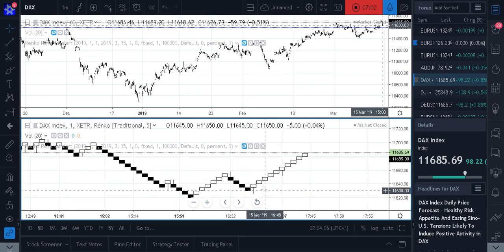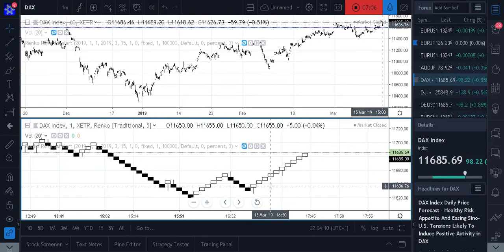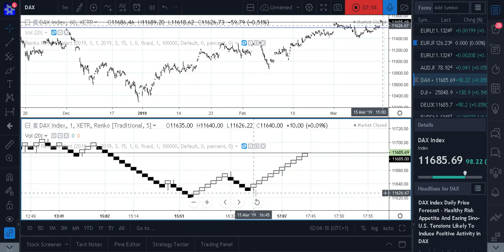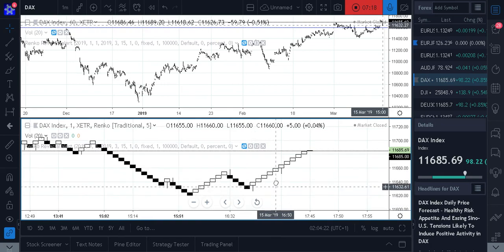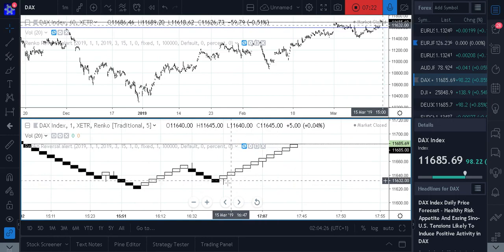Either there's movement and then we get new bricks, or there's no movement and we simply get no new bricks. So these are the first two important considerations. Now also, these Renko bricks have wicks or shadows, and these are very important for analysis of Renko charts.